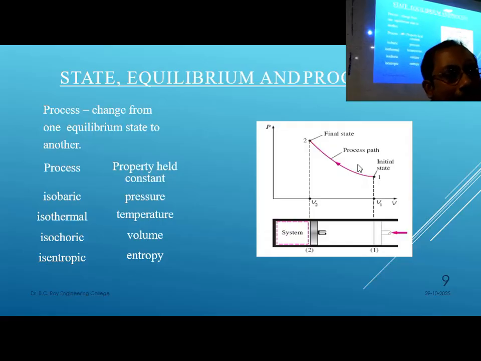Apart from all this, there is another one called the adiabatic process. In an adiabatic process, heat exchange between the system and surroundings is not allowed. If the system-surroundings heat exchange is not occurring, that process is called an adiabatic process.